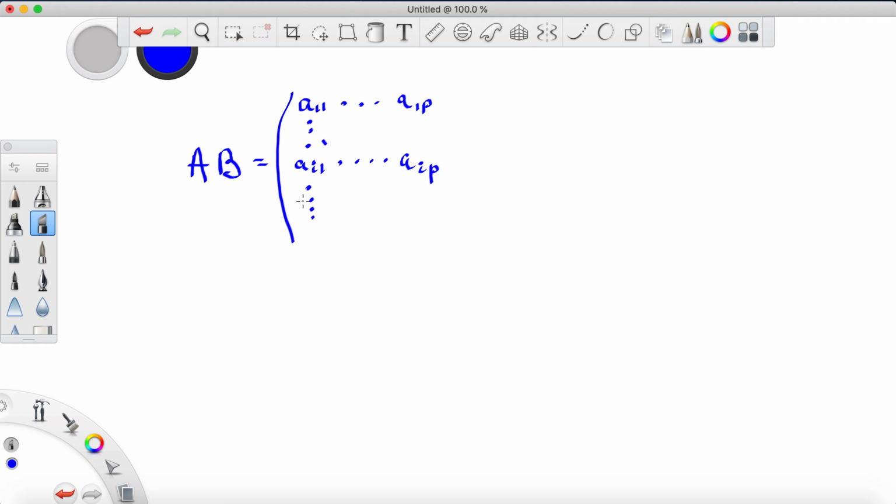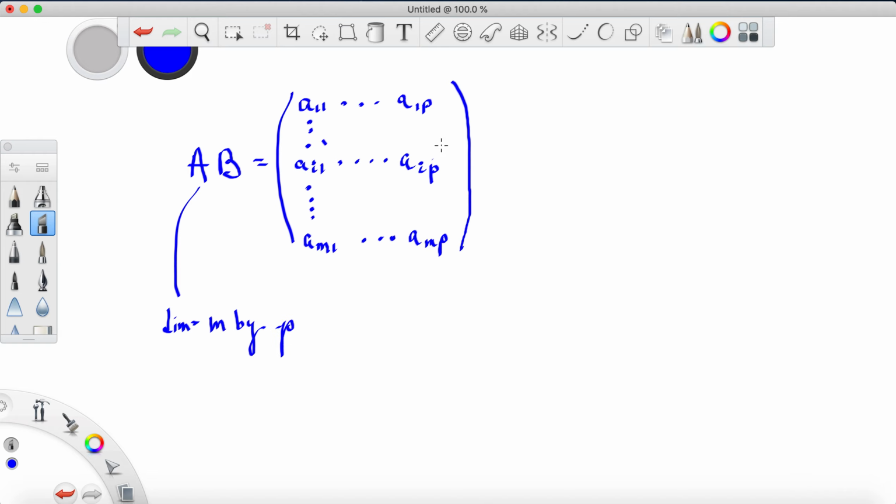And it goes down to AM1, and it's going to end at AMP. Okay, so as a quick quiz, what is the dimension of A? Well, the dimension of A is, it's got M many rows, so it's M by P.